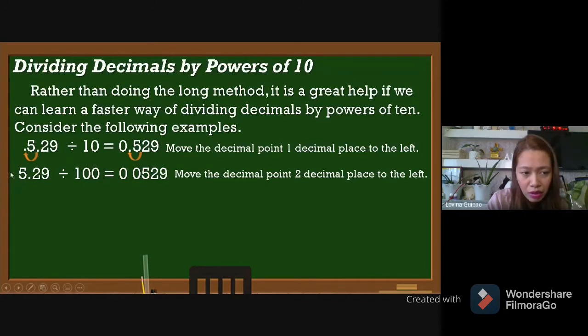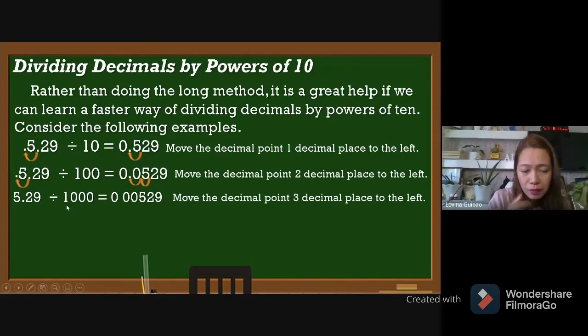Paano yan? Wala. Lalagyan mo ng zero pag bakante. Okay? Kaya ang sagot, 0.0529. We have moved 2 places since the divisor has 2 zeros. Okay. Yan lang ang tatandaan. Kapag ang divisor whole number, ang movement ay puntang kaliwa.